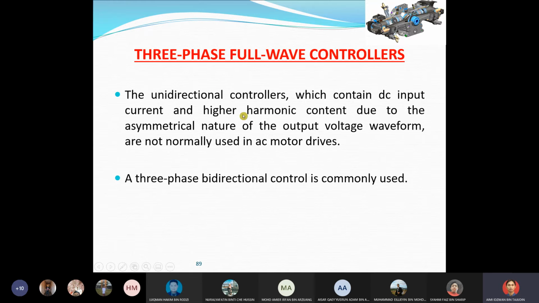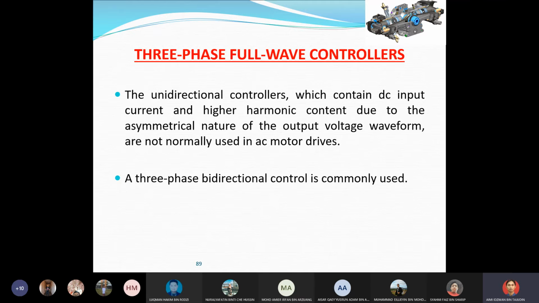So the unidirectional controllers which contain DC input current and higher harmonic content due to the asymmetrical nature of the output voltage waveform are not normally used in AC motor. So yang mana yang ada harmonic, so selalunya kita prevent untuk dia masuk kepada motor.